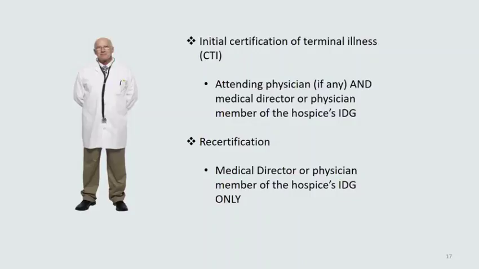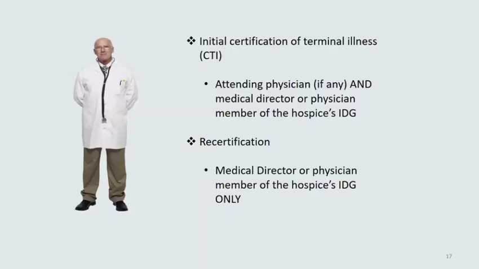Because the attending physician, if the patient has one, and your hospice physician has to provide the certification for the first time that the patient enters hospice care. If it's a recertification, even if it's 3 years later, only your medical director or your hospice physician has to provide that certification.